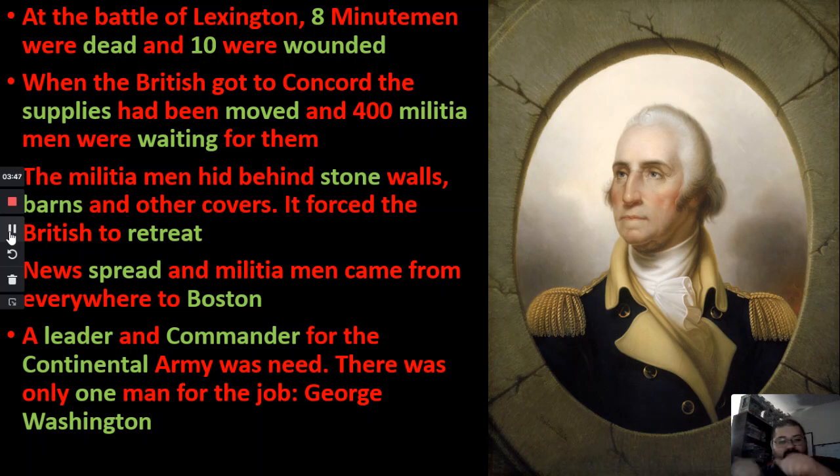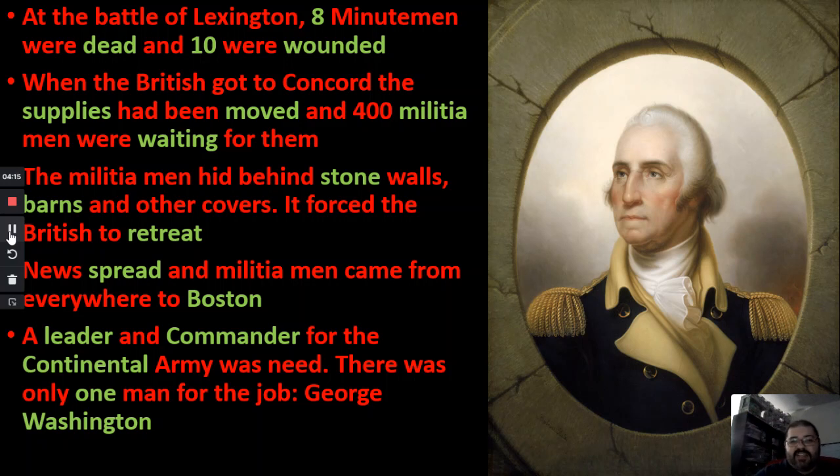So they retreated. Now, word spread like crazy. The Minutemen fought back the British Army, and it spread like wildfire throughout the country and the colonies. So a bunch of men who were part of militias in other counties and states made their way to Boston.